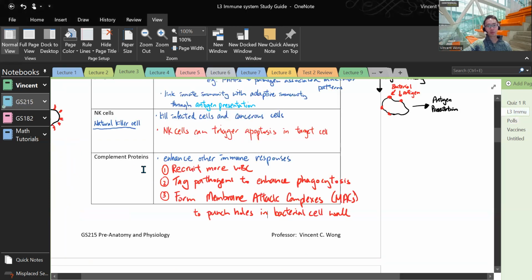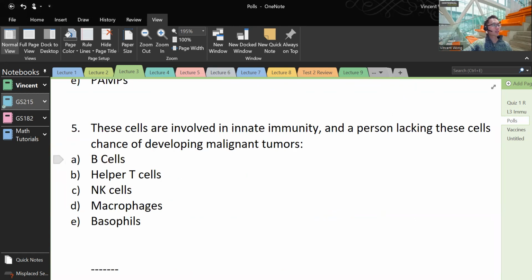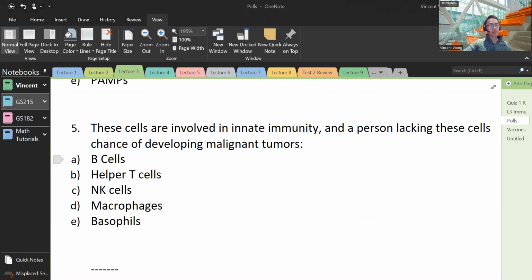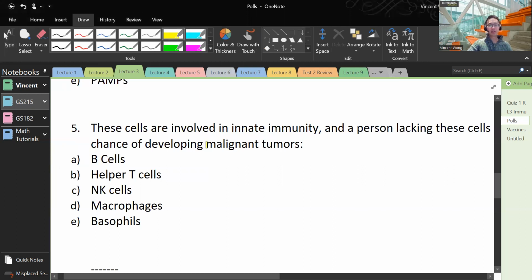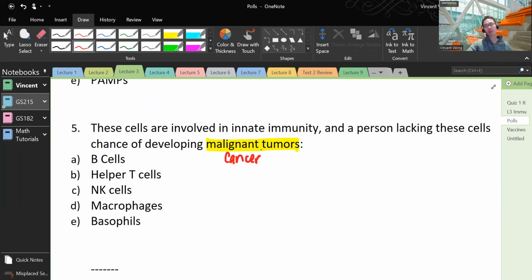We literally just wrote them down, right? Form membrane attack complexes to punch holes in bacterial cell wall. Let's just do one last one before we go back to our study guide. In case you don't know what malignant tumor means, that means cancer, okay? The opposite of malignant tumor is benign tumor.